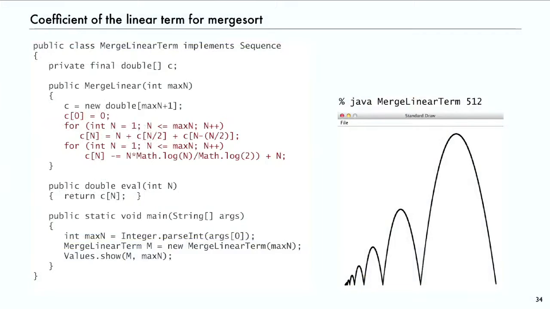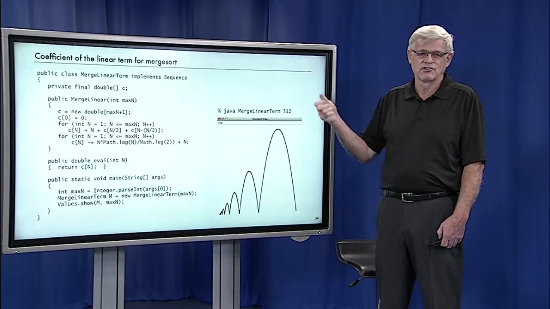This is really why I wanted to spend the time at the beginning to motivate you to go ahead and do plots. This is simply using the same structure that we used for Fibonacci and quicksort to compute values of the merge sort recurrence. And then the second for loop is just going through and scaling.